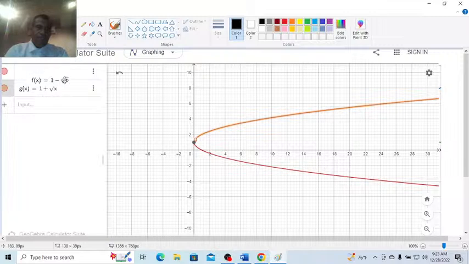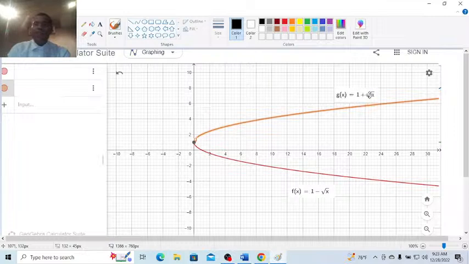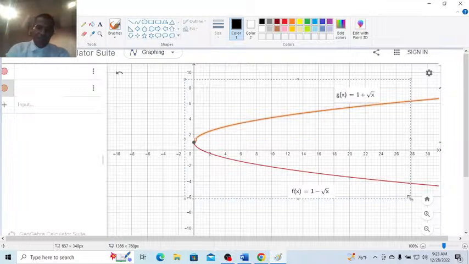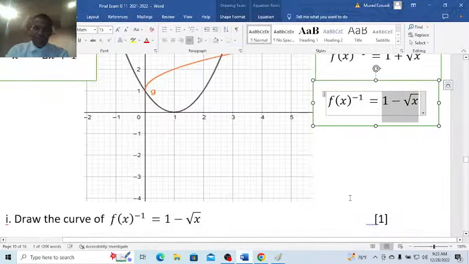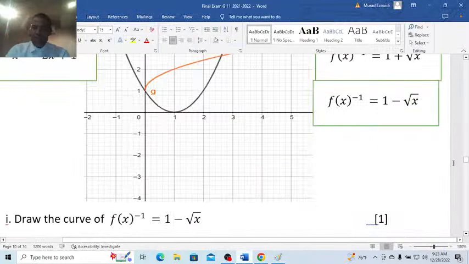This is f minus 1, the inverse of the function x squared minus 2x plus 1, and also g of x, it's also f minus 1 of x, which is the inverse function of x squared minus 2x plus 1. Now you can see this one. You can now describe the transformation if you want.